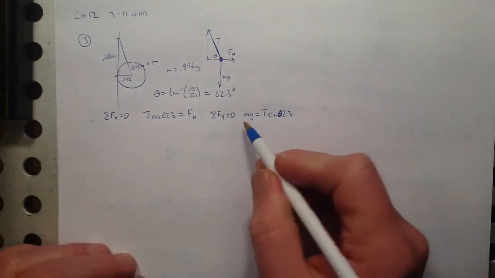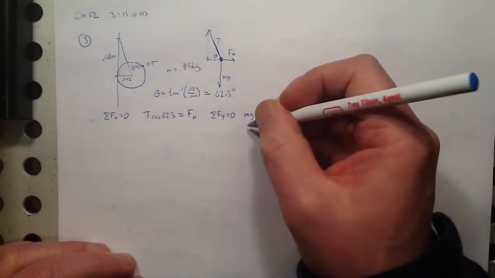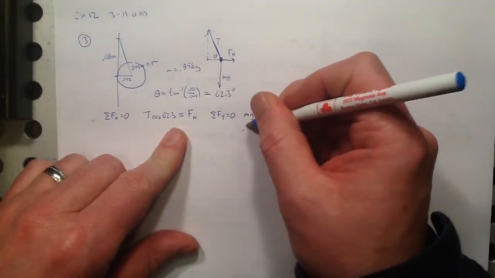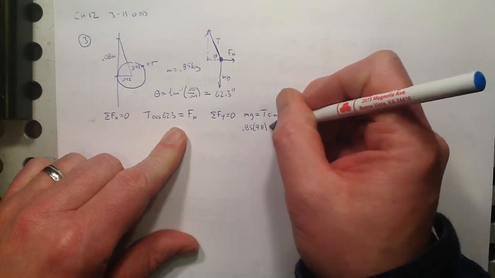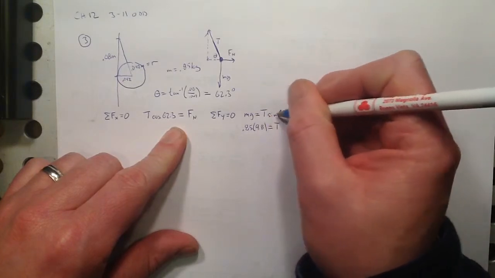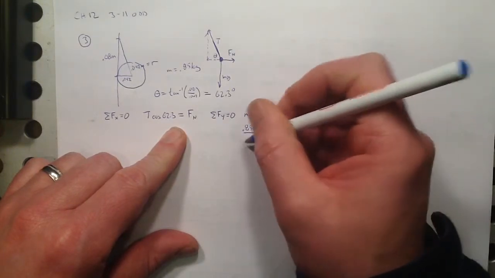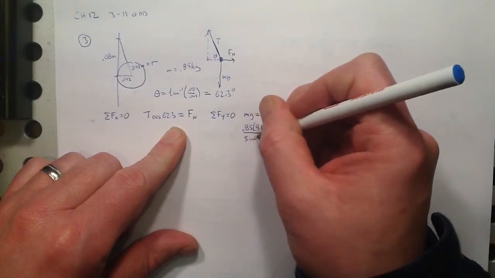So in this equation here, I know everything. I know the mass of the sphere is 0.85 times 9.8 is equal to T times sine of 62.3.